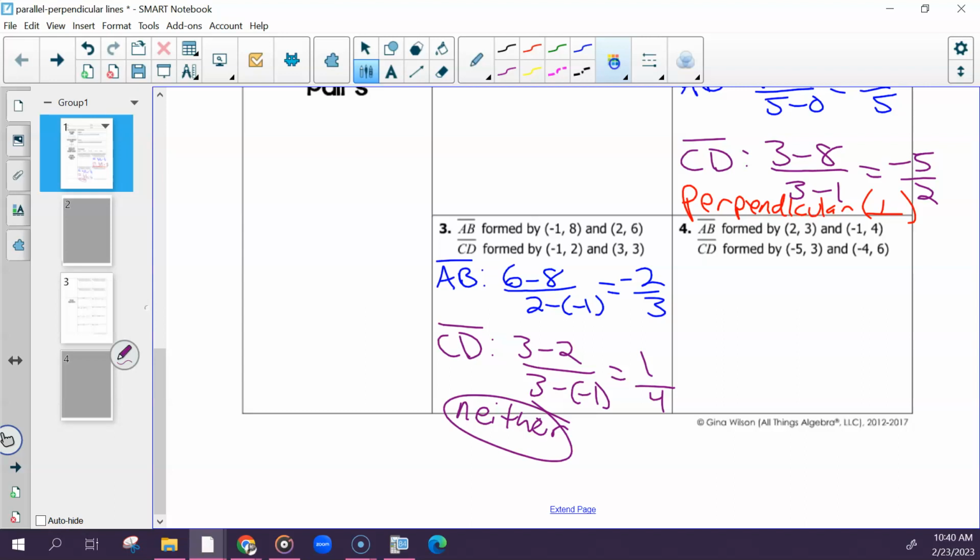If you had one that was flipped, like 1/4 and 4, but they were both positive or both negative, that would also be a neither case, because you don't have one negative and one positive. Or any other combination of those things. What questions do we have so far?